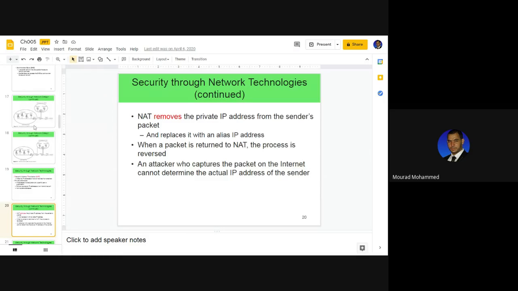So the context of this approach, network address translation, is a matter of replacing the original IP with an alias IP. The external world will see the alias and will not see the original IP.